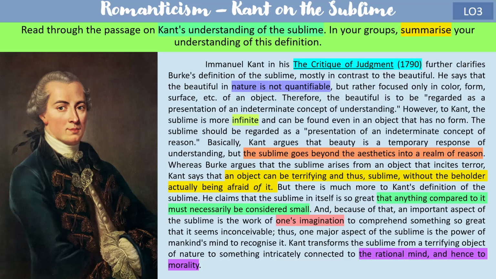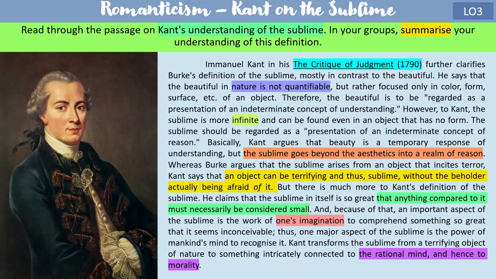Whereas Burke argues that the sublime arises from an object that incites terror, Kant says that the object can be terrifying and thus sublime without the beholder actually ever being afraid of it. But there is much more to Kant's definition of the sublime. He claims that the sublime in itself is so great that anything compared to it must necessarily be considered small.